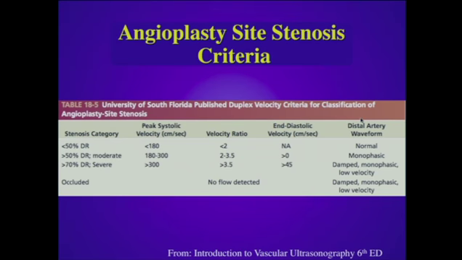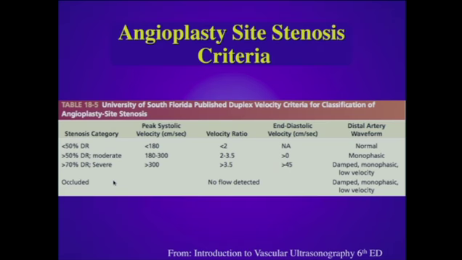Dr. Bandyk also proposed criteria for significant stenosis following angioplasty. And he suggests that a peak systolic velocity between 180 and 300 centimeters per second suggests at least a 50% stenosis, and a velocity ratio between 2 and 3.5 would also indicate at least a 50% lesion.